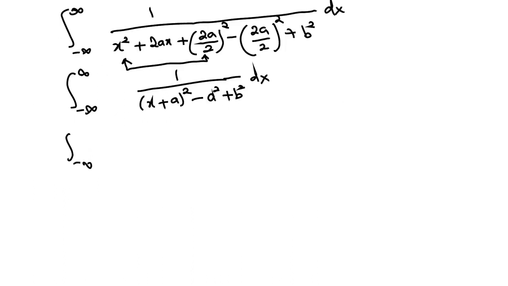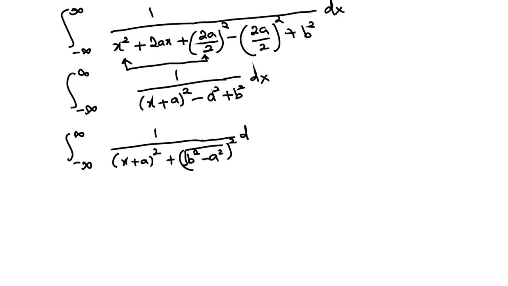Next, negative infinity to infinity, 1 over x plus a squared plus b squared minus a squared, dx.